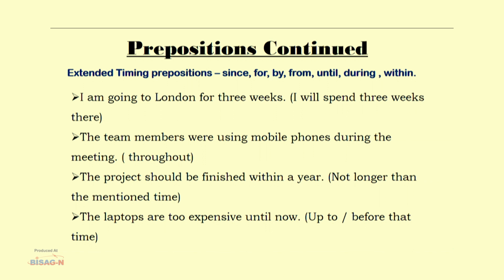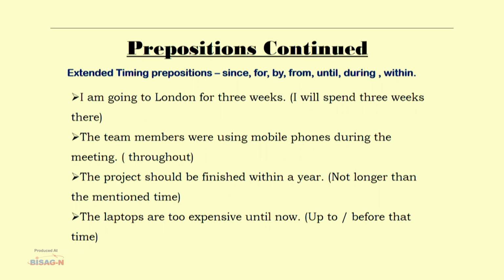Now, on your screen, you see that I have mentioned a few sentences. And where do we use these? In the sentences, we have already used the prepositions that we have mentioned, and you will see where exactly these prepositions are used.